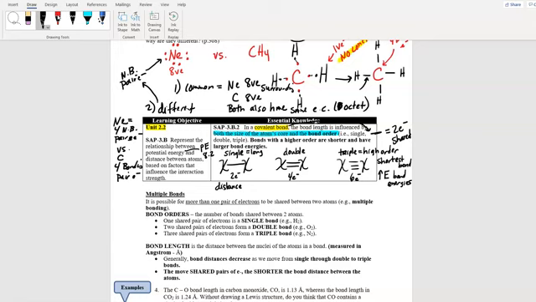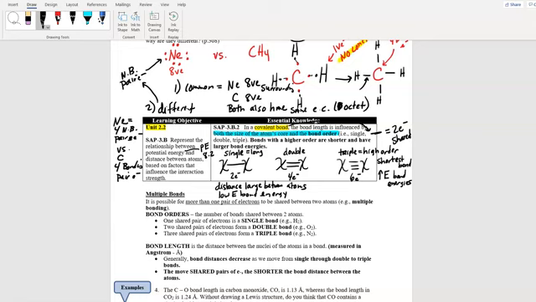So the distance between the atoms is large, and if I was going to break that bond, I don't need a lot of energy. It's probably not going to take much energy to break.